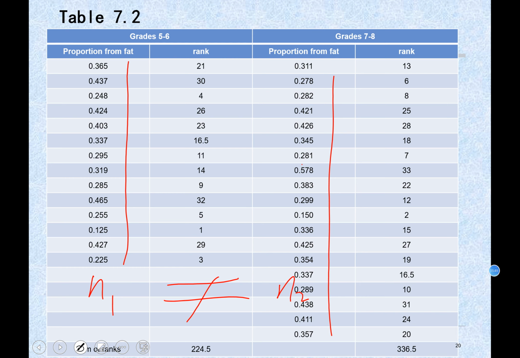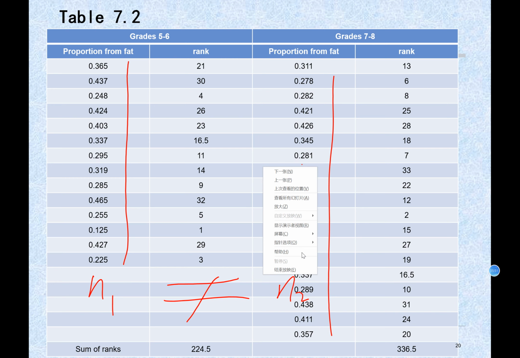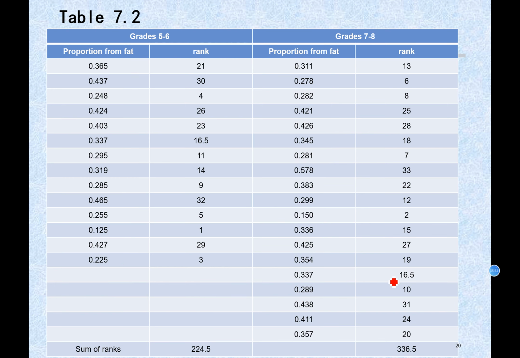So here in this question we can find that the sample sizes of the two groups are different, so that means they cannot be paired samples, they must be independent. Okay, so this is a question about independent samples, and we assume the data does not follow the normal distribution.